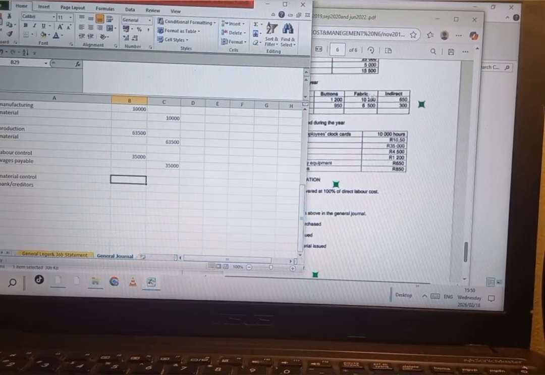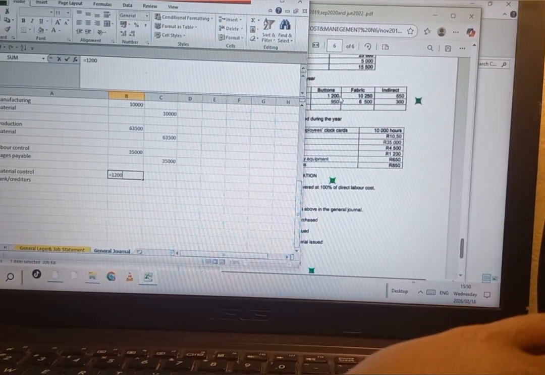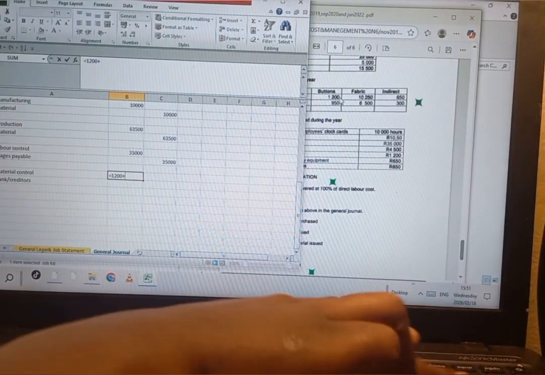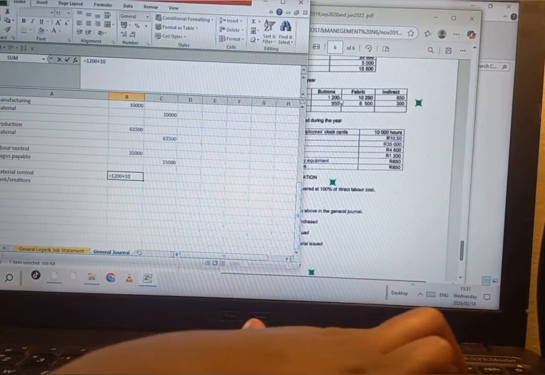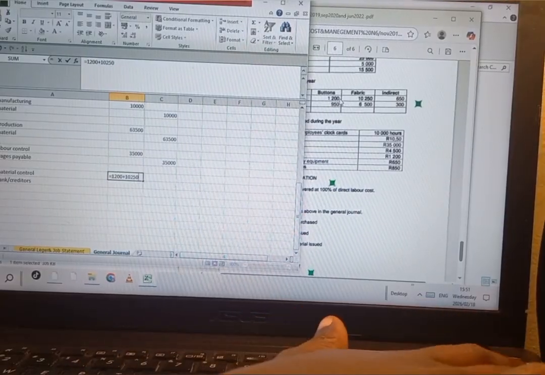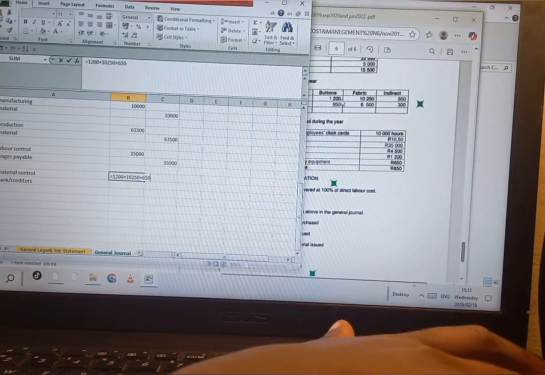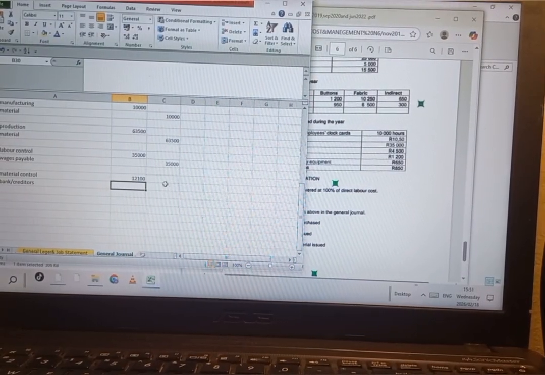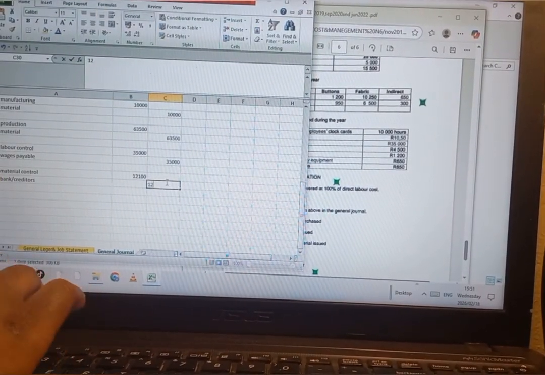We add all three of these amounts. Make sure you show the calculations, guys. 1,200 and also 10,250 plus 650. There we get our total purchases, 12,100.